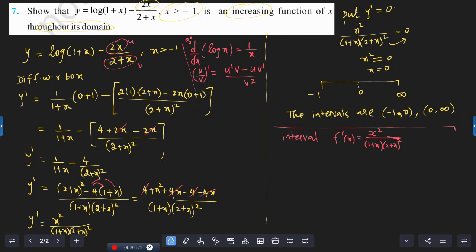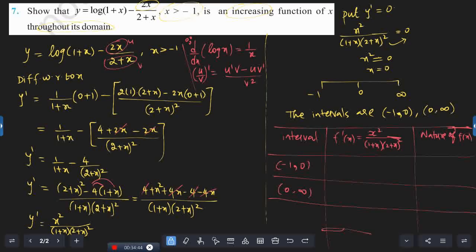Next, the nature of the function f of x. Now let's check the first one, minus 1 comma 0. Let's check here. Next, 0 to infinity. This also we will check. Finally, we'll write the finishing answer down here. Okay, right. Now let's go.